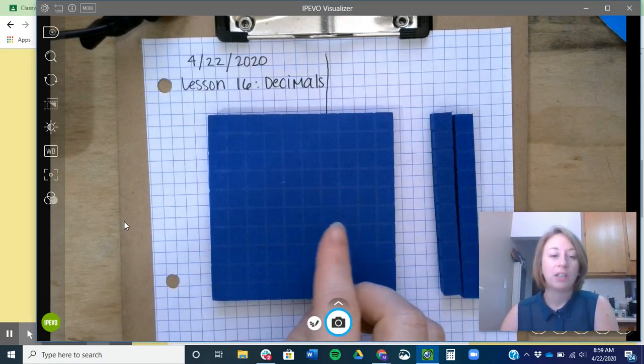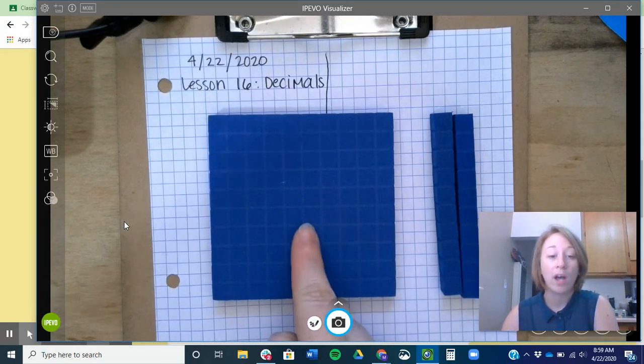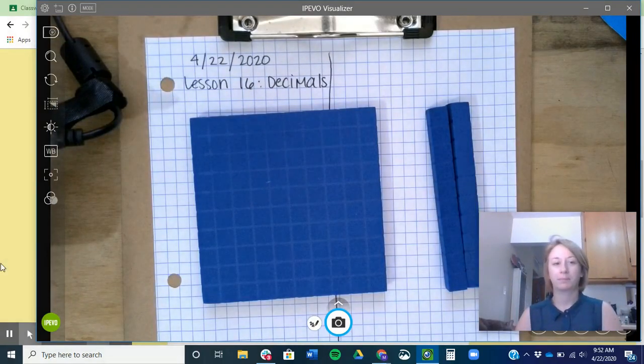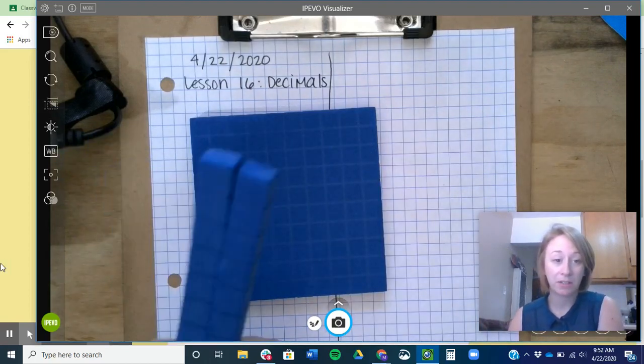And I want you to imagine if you were to cut this one whole into 10 equal sized pieces. What do you think they would look like? Well, you were probably thinking that they would look like 10 sticks, right?